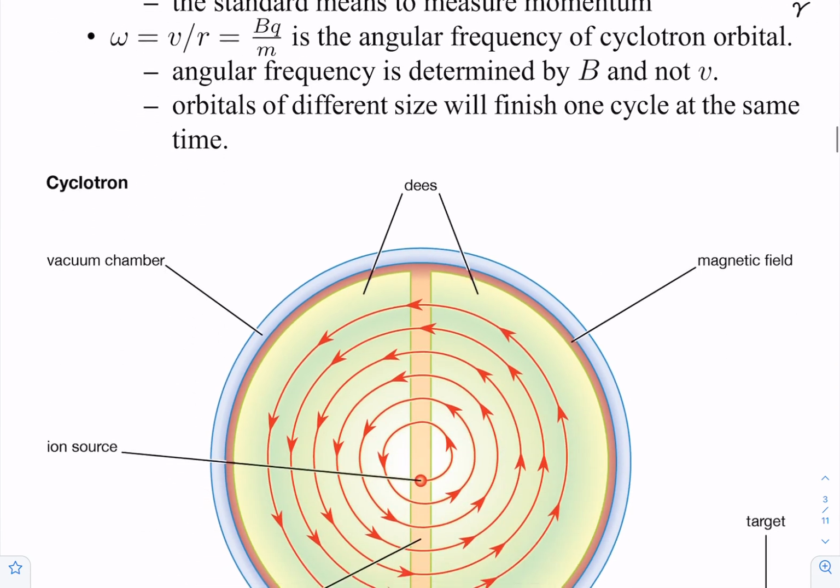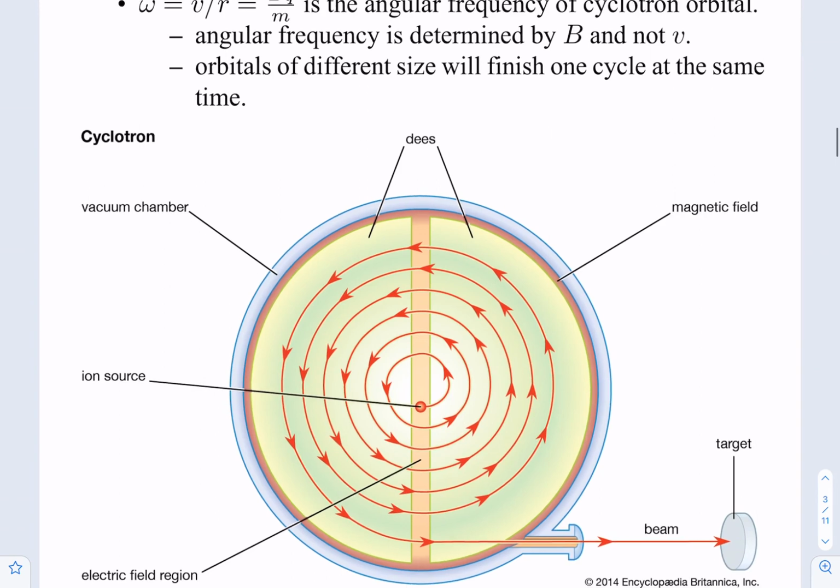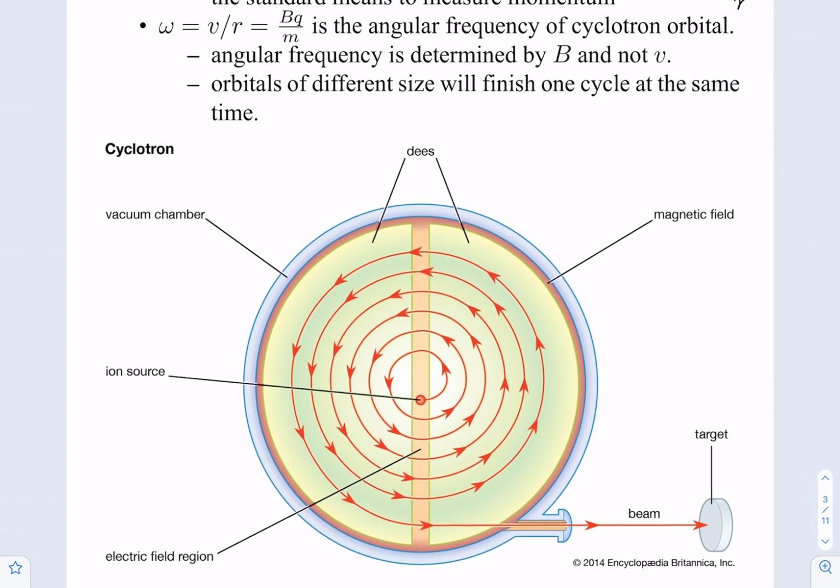That's the reason you can build a cyclotron accelerator like this. In this accelerator, I think you have seen it in the Physics 2041 course, so I just briefly mention that.